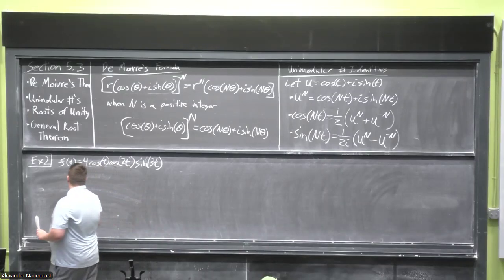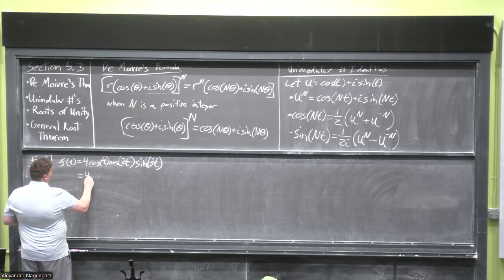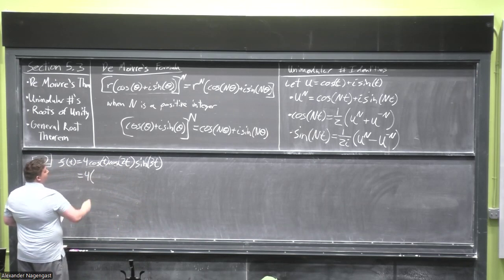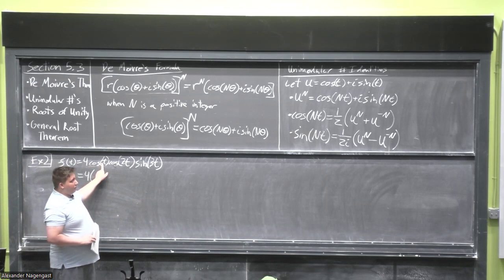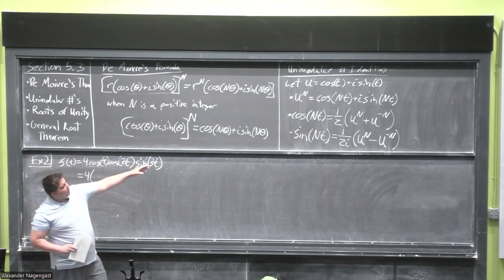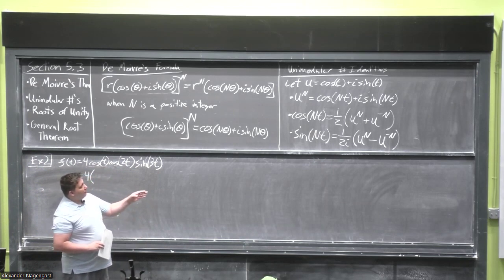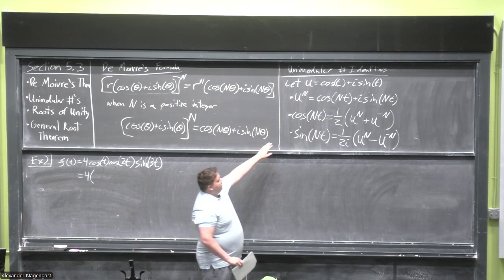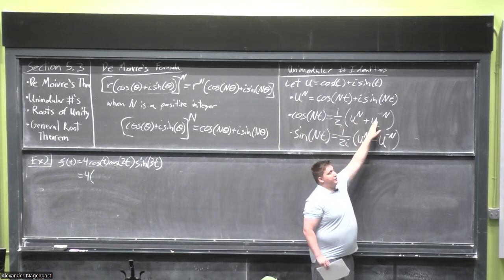So we have 4 times, for the cosine of t, this has a 1 in front for a coefficient. So when we plug it into the formula of cosine of 1 times t, we'll get 1/2 times u to the first plus u to the negative first.